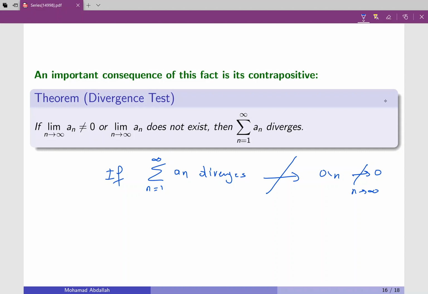Also, if a_n goes to 0, this does not imply that the sum of a_n converges.